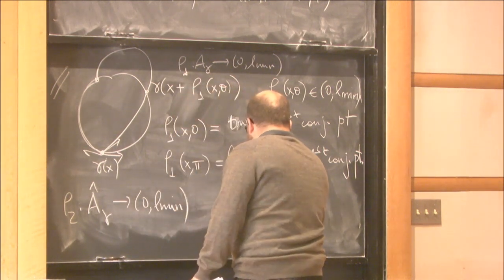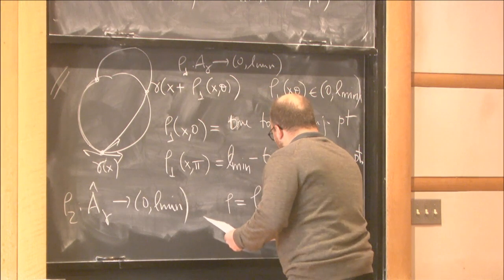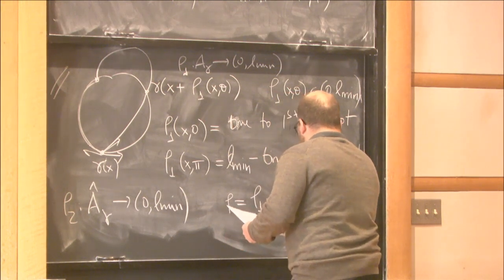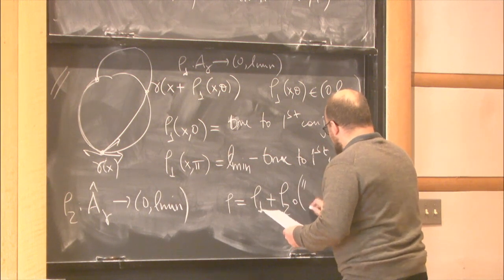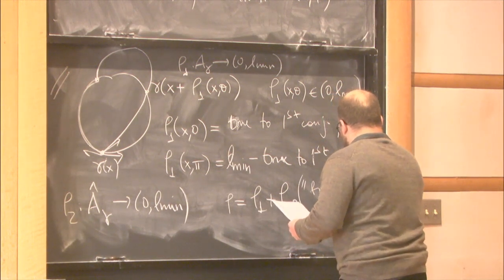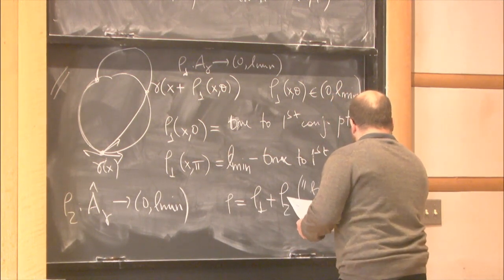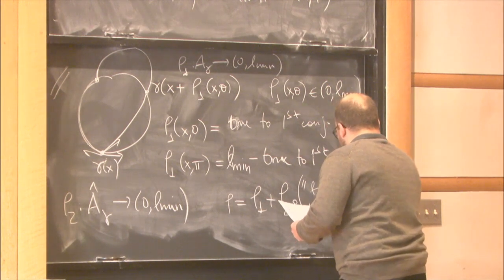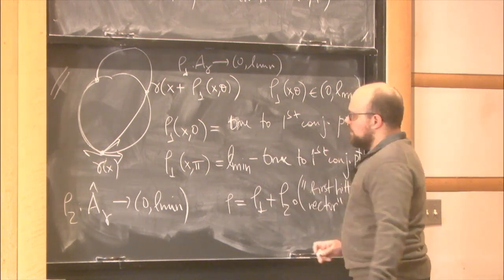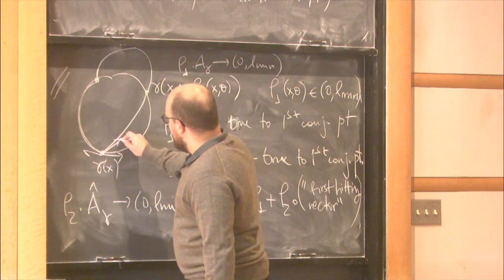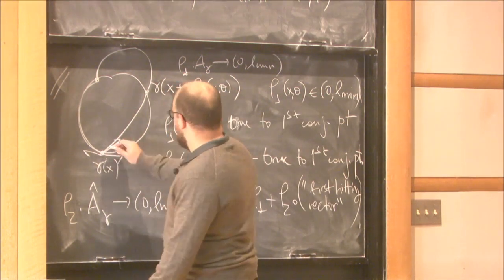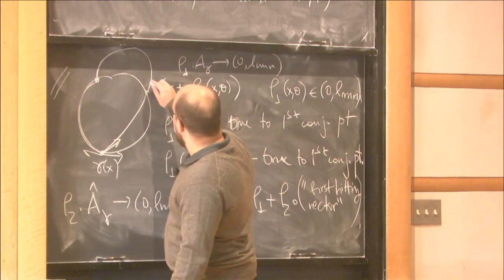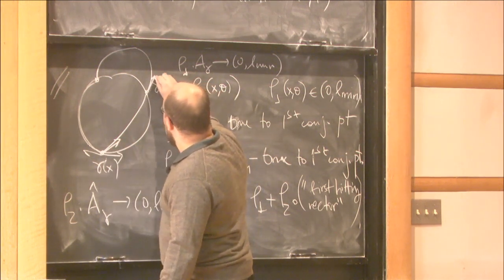So we can take rho equal to rho 1 plus rho 2 composed with the first hitting vector. Right. So for a vector here, the function rho we're talking about is going to be rho 1 of this point plus rho 2 of the vector you see here.